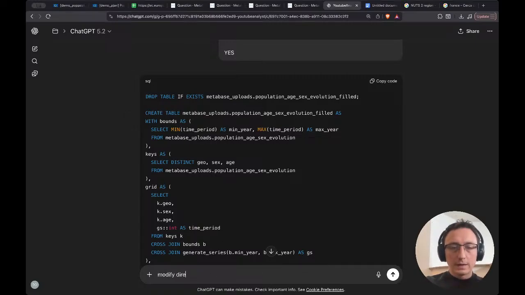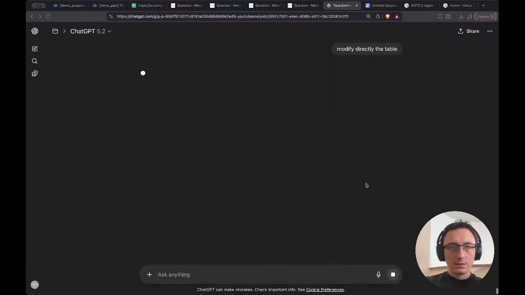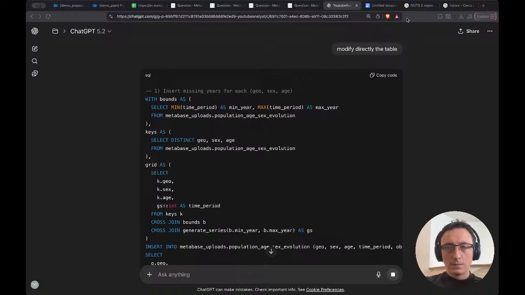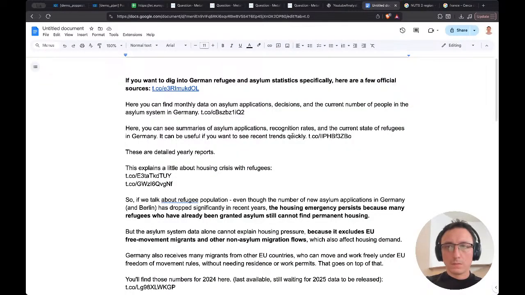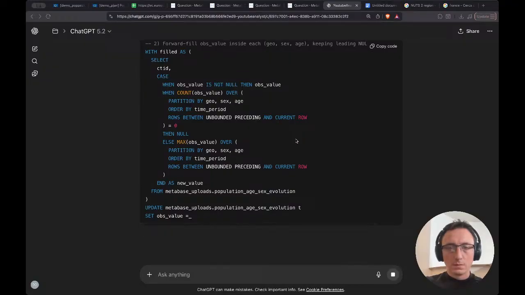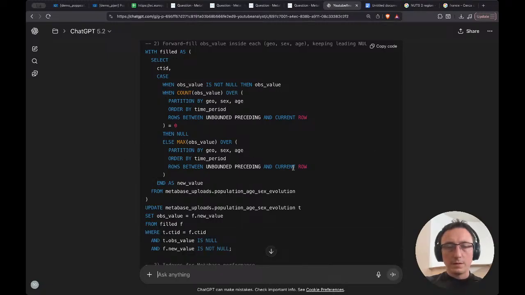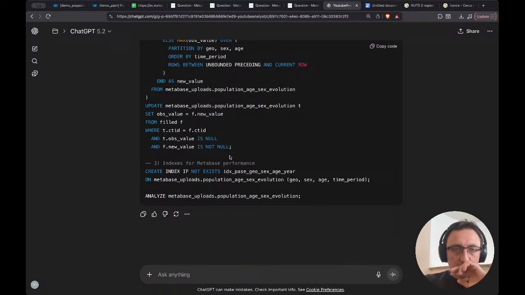Modify directly the table. It's a bit risky, I admit.